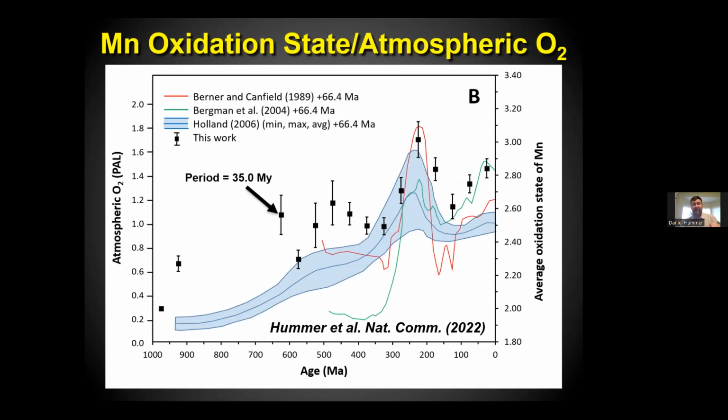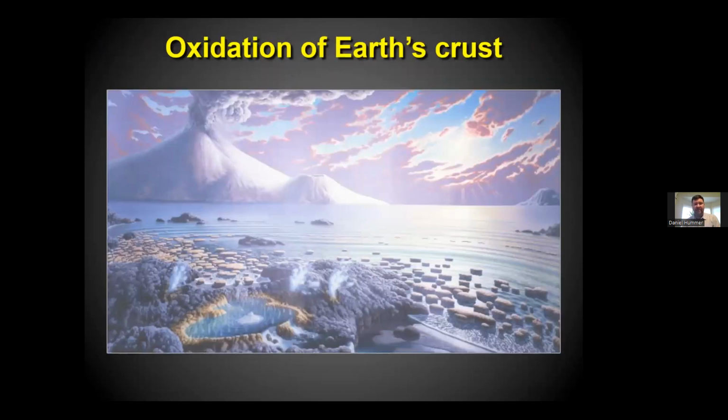And in fact, if you look at the period between the highs and the lows, the manganese turns out to cycle over a 35 million year period. In the oxygen reconstructions, the period turns out to be 35.7, so very, very close. So there's a very tight connection here to be found.